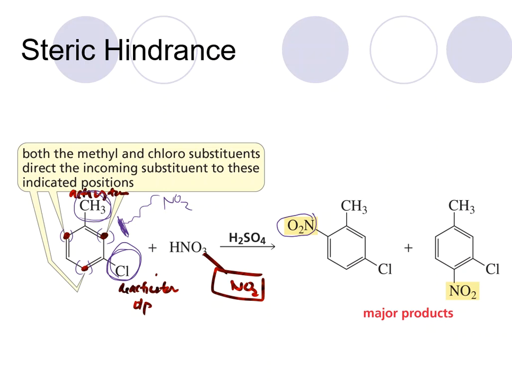And we also see an NO2 group down here at the bottom, which is ortho to the chloro, but para from the methyl group. So we do get a mix. Those are our two possibilities right there. But we do not get the third because of the steric hindrance that's at play.